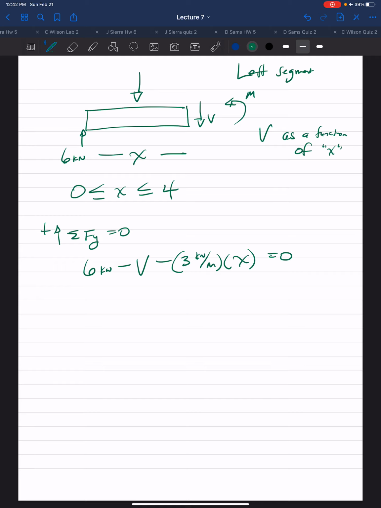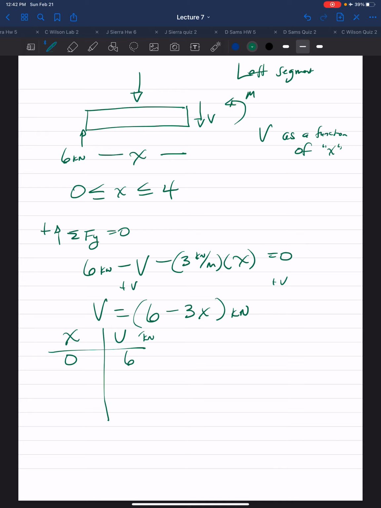So rearranging this equation, plus V on both sides, you have V is 6 minus 3x. And this is in kilonewtons. So what this means then for x and V, if you want to put a chart, when x is 0, V is 6 minus 3 times 0, 6.